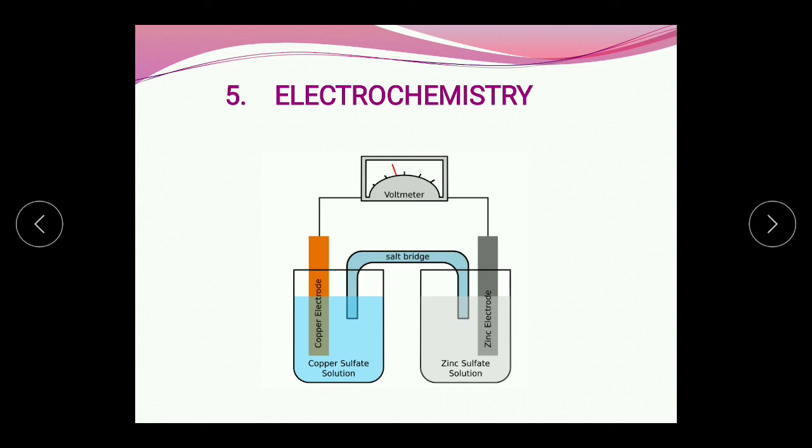They get dissociated almost completely, and hence they produce a large number of ions, and hence charge transfers occur at a very high rate, and hence they are called strong electrolytes. Understood? These are the basic concepts we learned in the previous session.